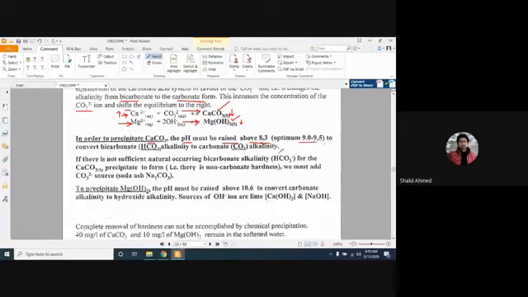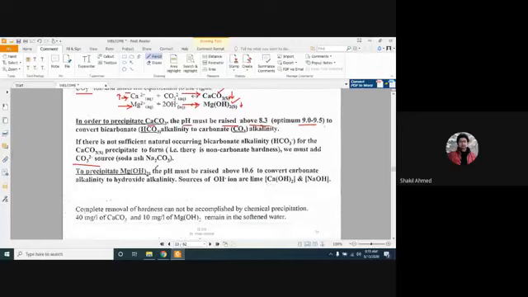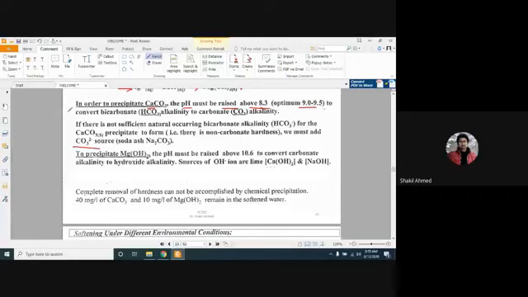Optimum is 9 to 9.5, to convert bicarbonate alkalinity to carbonate alkalinity. If there is not sufficient naturally occurring bicarbonate alkalinity for the calcium carbonate to precipitate, we must add a carbonate source. We'll see how. That's one thing for calcium.